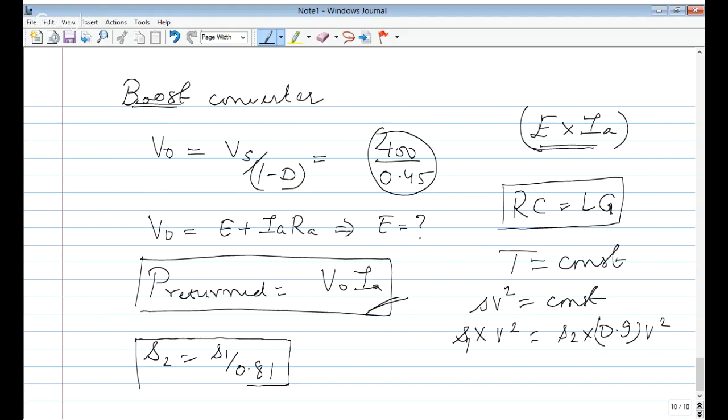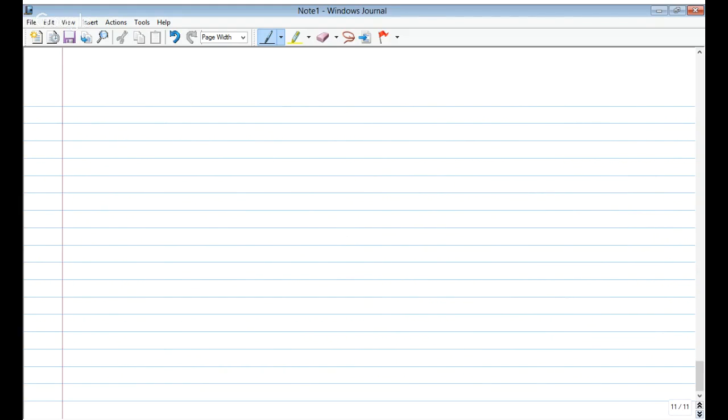Now we know the new slip. Once we know the new slip, we can find out the increase in motor copper losses. Copper losses are nothing but S into Pg. Since the air gap power remains constant, it will become PCU2 by PCU1.